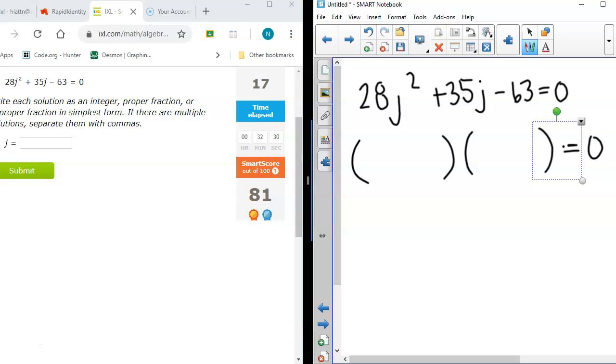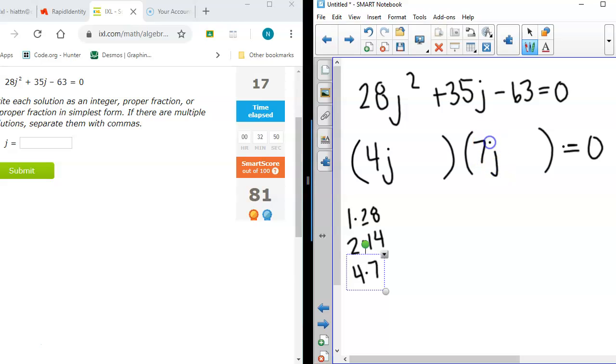And to get 28, I could multiply 1 and 28. I could multiply 2 and 14. I could multiply 4 and 7. And I think that's everything for that one. So I'm going to try 4j and 7j.